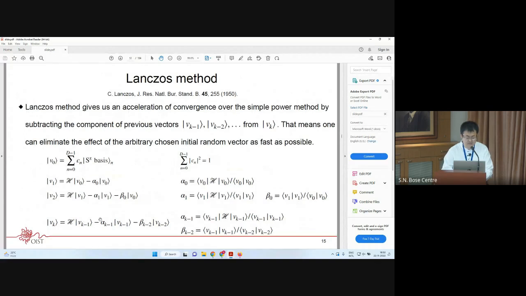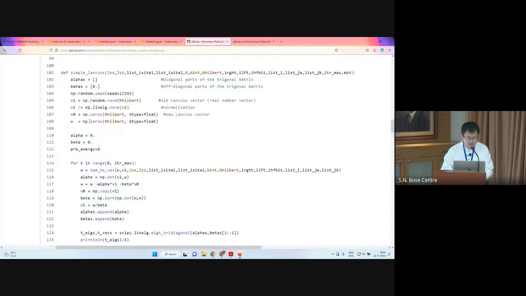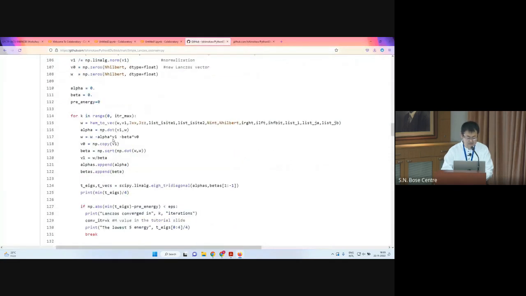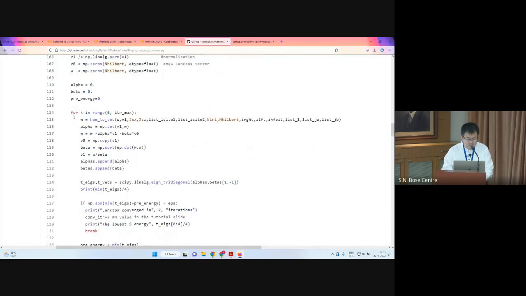We are making the VK by using this equation, but you need to store and keep the three vectors at the same time in your ED code. So these are the three vectors, V1, V0 and W. And we set the initial values. That is the initialization. And pre-energy is for the energy values.